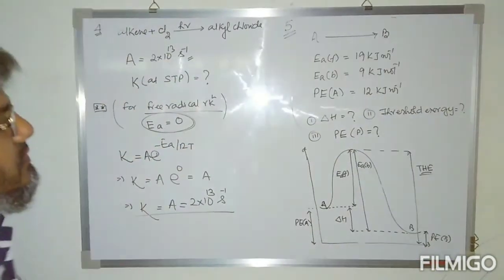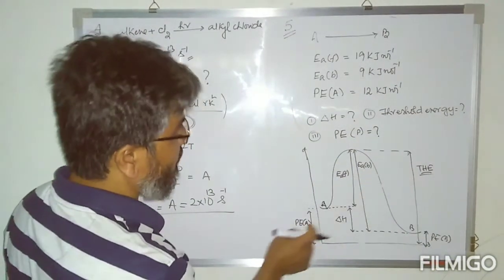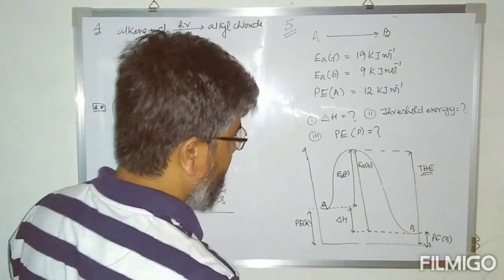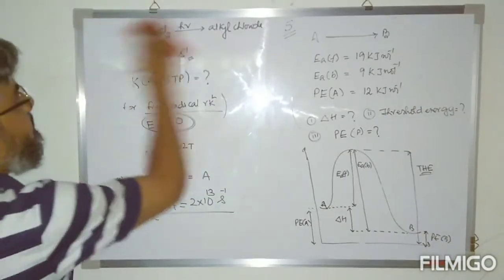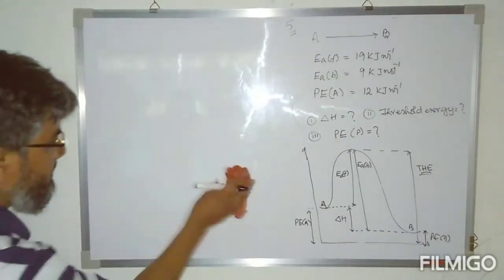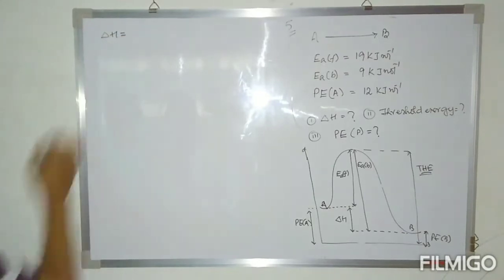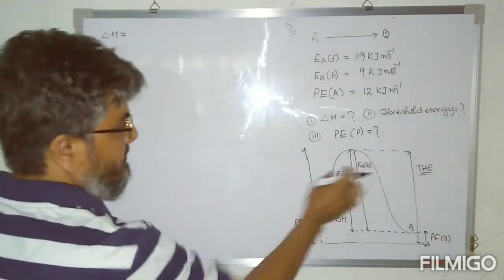So activation energy is given, potential energy of reactant is given. We have to find this value, this value, and this value. So we have this first. Enthalpy of reaction is to be defined in terms of activation energy.